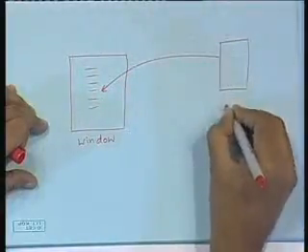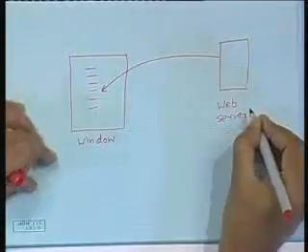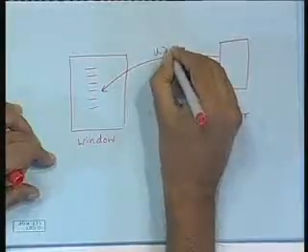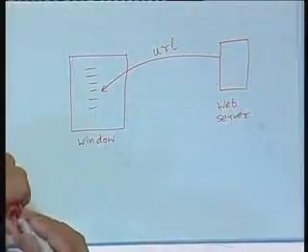This is a web server. So, the location object actually talks about the URL from where this document has come. Okay? This is the significance of the location object associated with a document or a window.